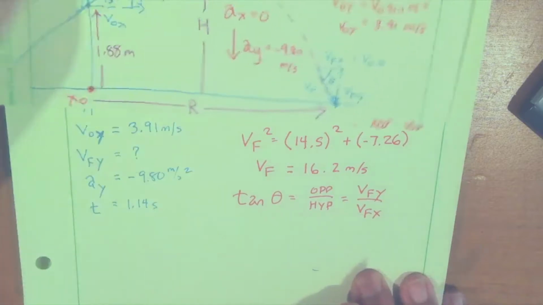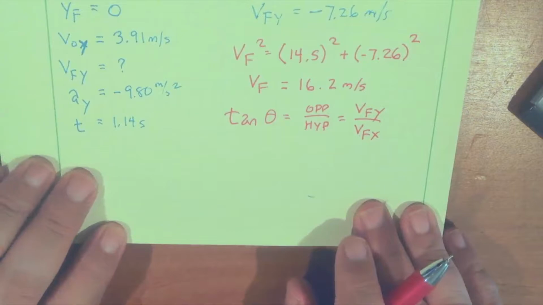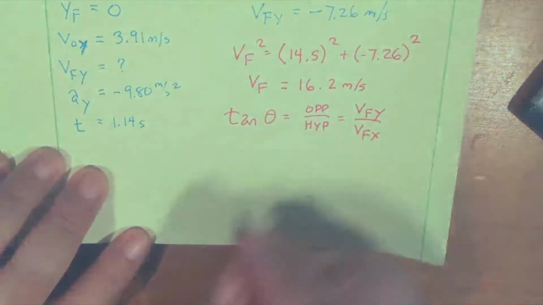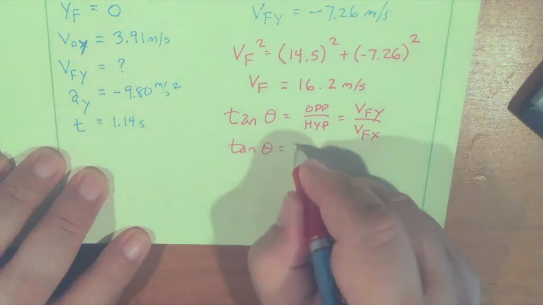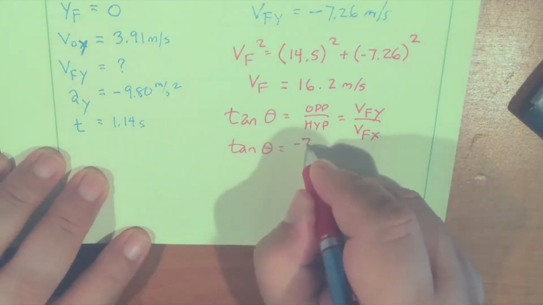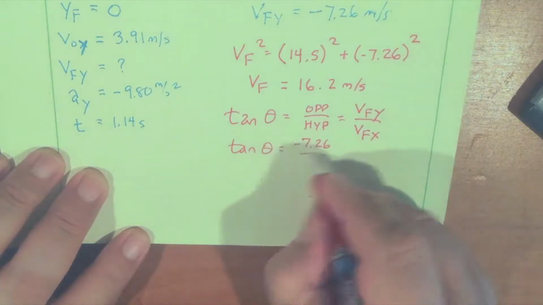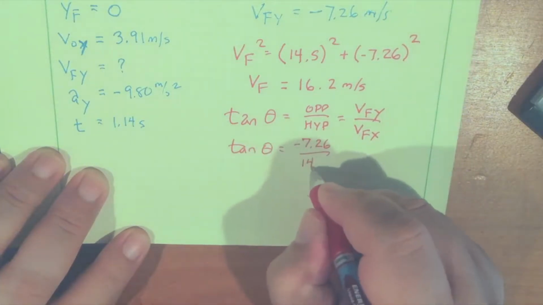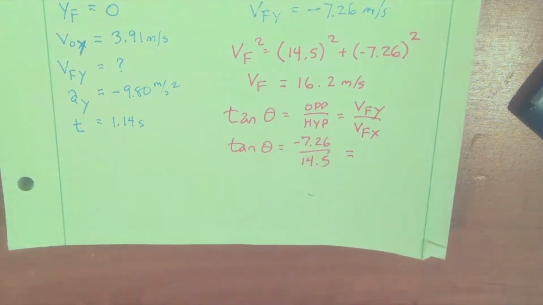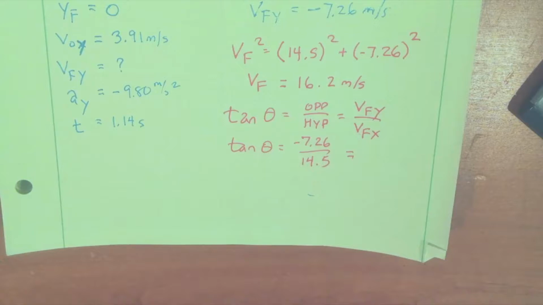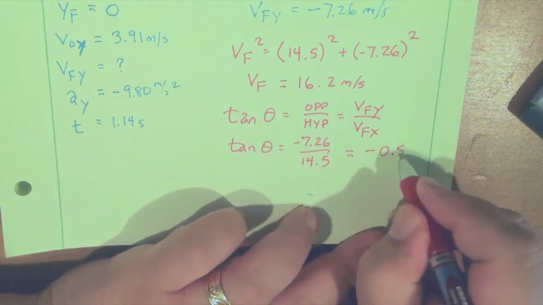So now we can figure out what the tangent of that angle is, given our values. V final y is 7.26. Got to keep that negative sign there. Divided by the x component, which has always been 14.5, and that works out to negative 0.501.